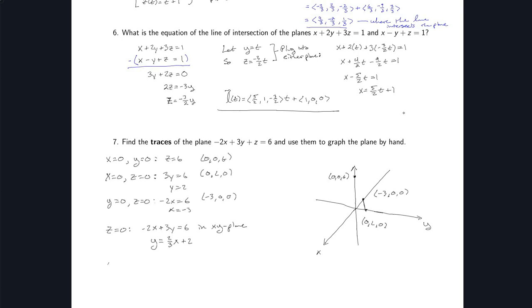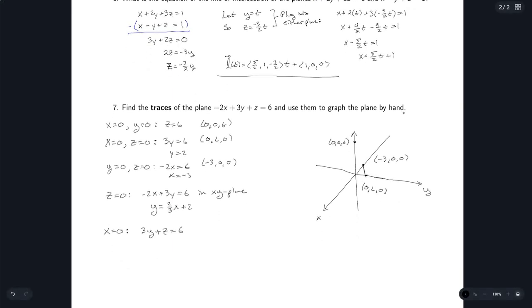If x is 0, then I get 3y plus z equals 6. If I solve for z here, I get z equals negative 3y plus 6. So if y was 0, then z would be 6. If y is 2, then z would be 0, and this connects these 2 points right here.